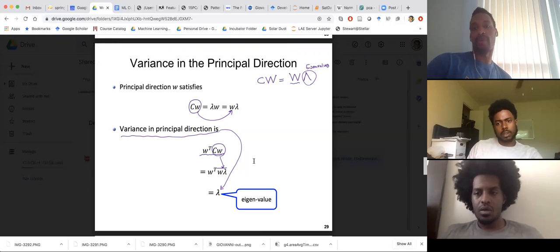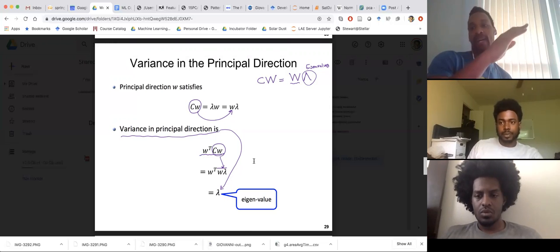So you solve that equation, you find eigenvalue 1, eigenvalue 2, eigenvalue 3, eigenvalue 4. And what we're saying is that whichever one is the highest is what's going to maximize the objective function. Okay.